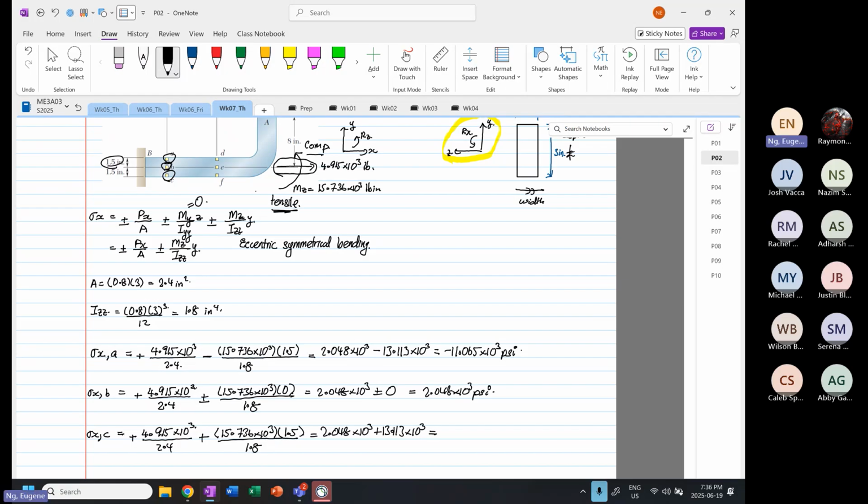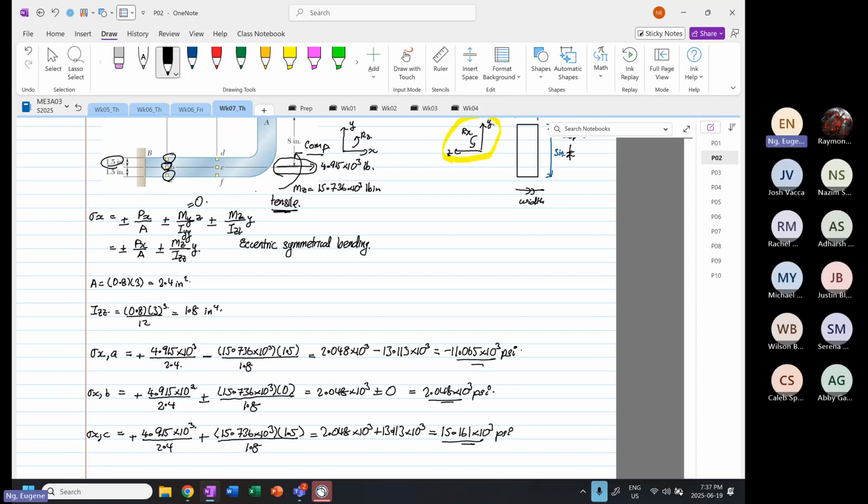So 2.048 plus 13.113 is equal to 15.161 times 10 to the power 3 psi. Okay, so let me do it again. 2.048 times 10 to the power 3 plus 13.113 times 10 to the power 3. Yep, 15.161 times 10 to the power 3.